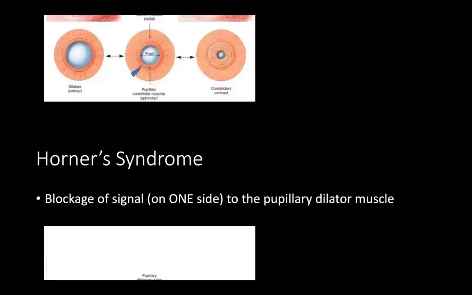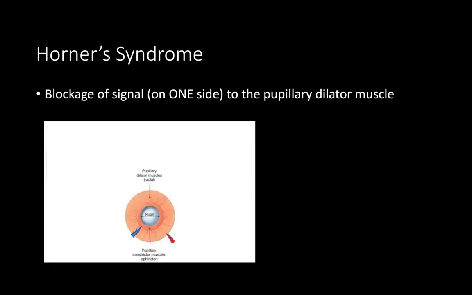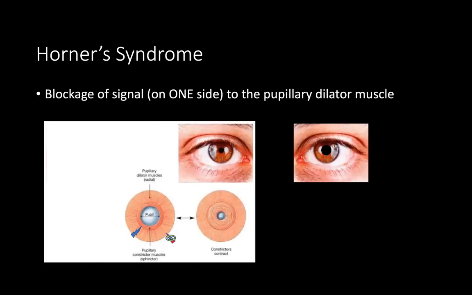But in Horner syndrome, one of those signals is interrupted, and it's interrupted to the dilator muscle, okay? So as you imagine, if you block that signal to the dilator muscle, what happens? The pupil constricts on that side of the problem, and it causes the pupil to be smaller than the other side, as you can see in this example here.